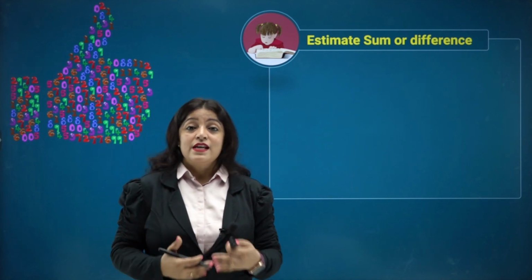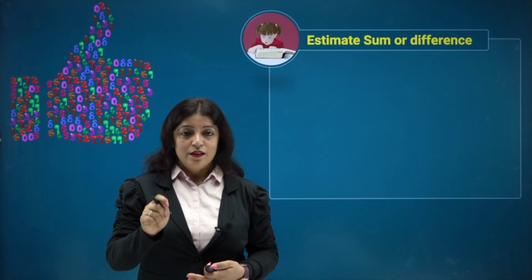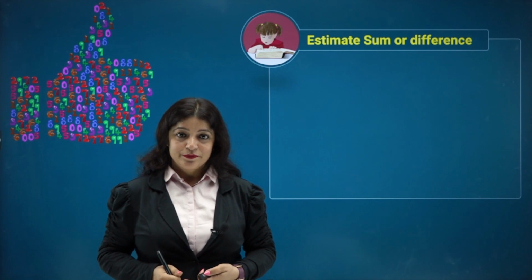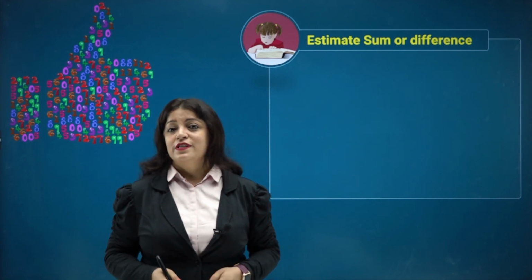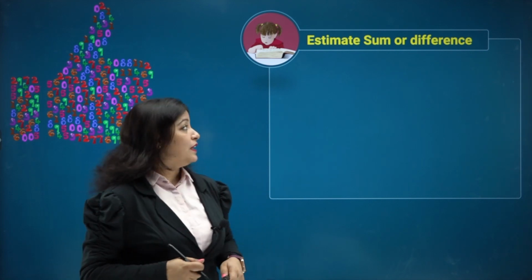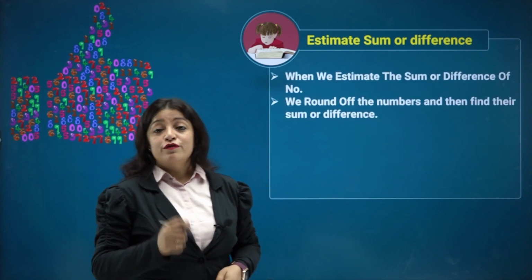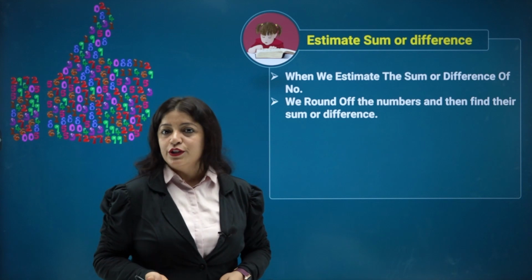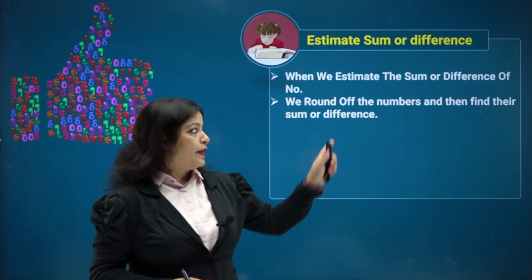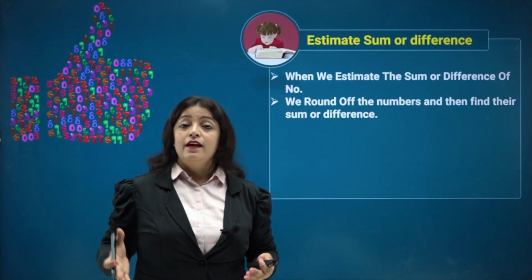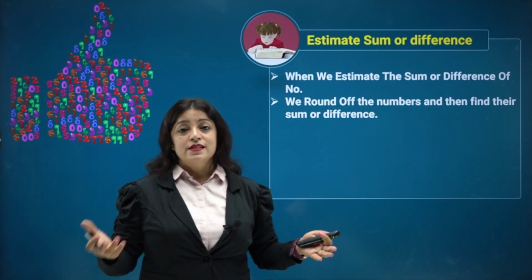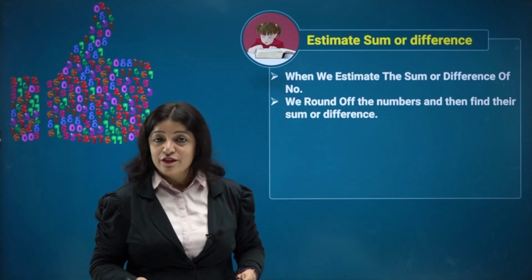Now let us discuss this estimation to certain places with some examples. When a sum or a difference is being estimated, let's see an example. When we estimate the sum or the difference of numbers, what do we actually do? We round off the numbers first, and then we find their estimated sum or estimated difference.